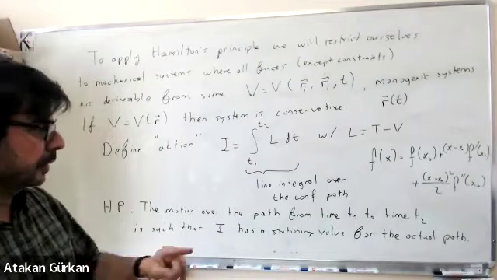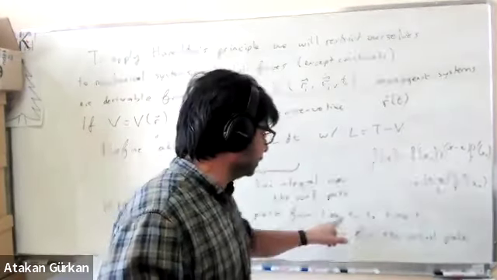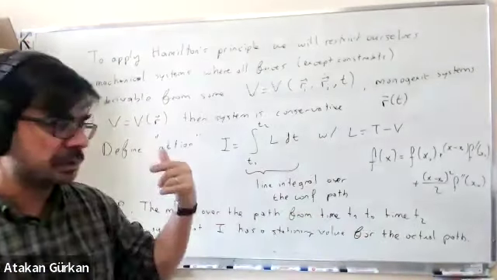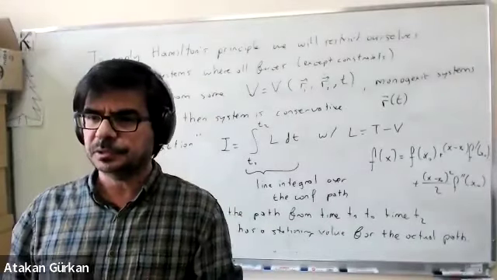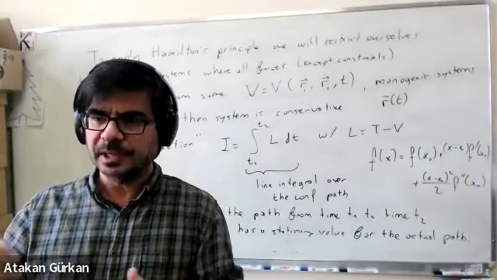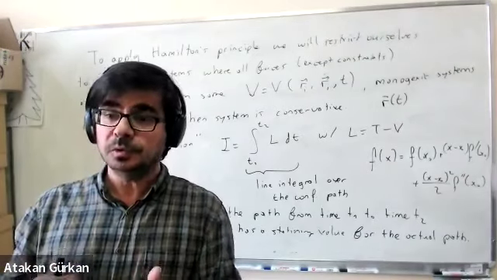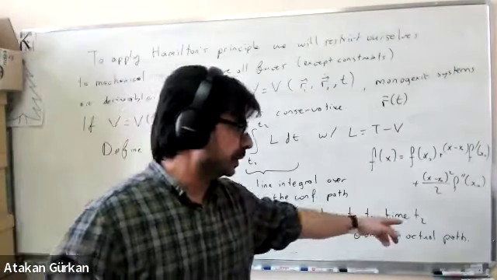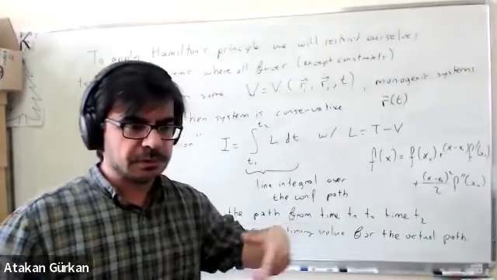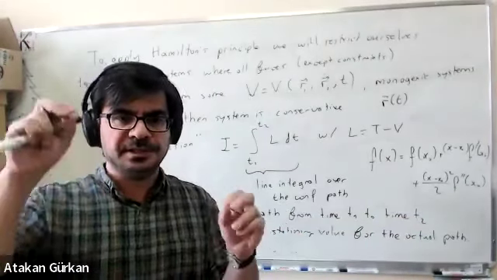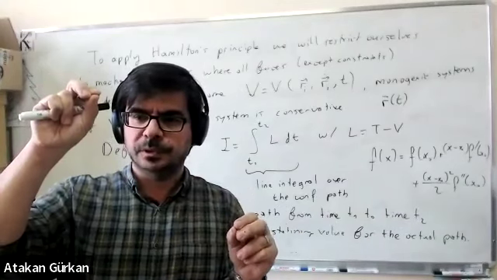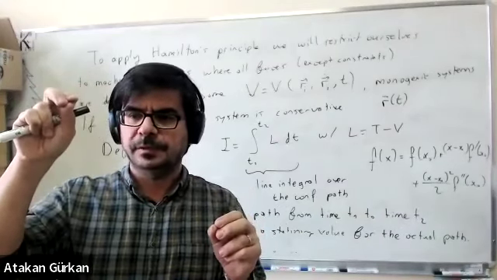The second thing is that there's this expression from time t1 to time t2. So this also includes the deviations from the path. So we have some paths, and you have some deviations from the path. So you have some unrealizable paths, but those also have to go from here to here. Okay? So we are fixing two points, the endpoints of the path, and we are varying everything else.